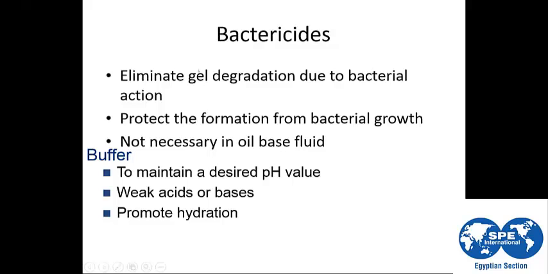This is what we were discussing here: the elimination of degradation due to bacterial action, and protecting the formation from bacterial growth. Also, in some cases when we pump bacteria inside the reservoir, some of the bacteria use the oil or the hydrocarbon and decay it, and one of the byproducts of this action is H2S.